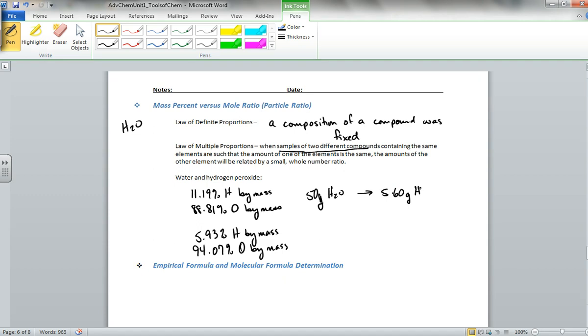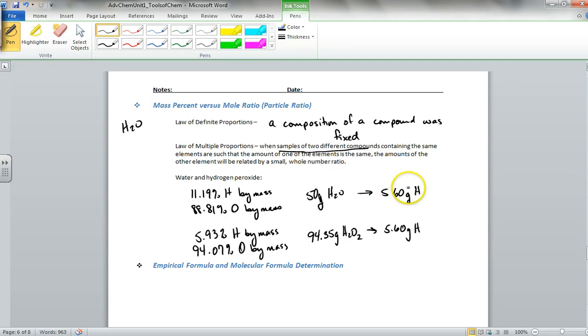I've already done the math, and I have figured out that we would need a total of 94.35 grams of hydrogen peroxide. And that would also give us 5.60 grams of hydrogen. So you need more hydrogen peroxide to have the same mass of hydrogen.